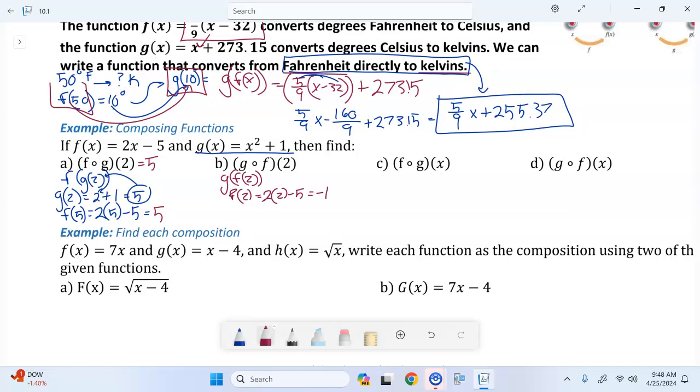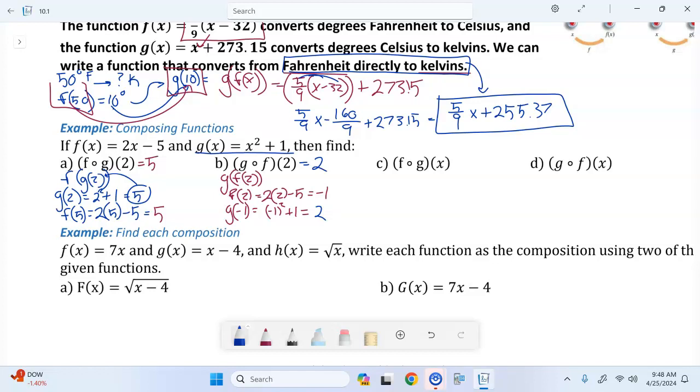Plug it into g of x. So we take g of negative 1. So we plug in negative 1 squared plus 1 equals what? 2. So g of f of 2 does not equal f of g of 2.